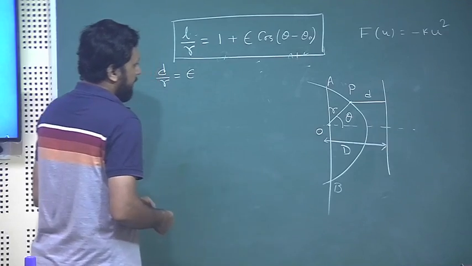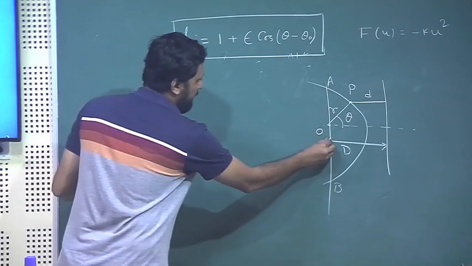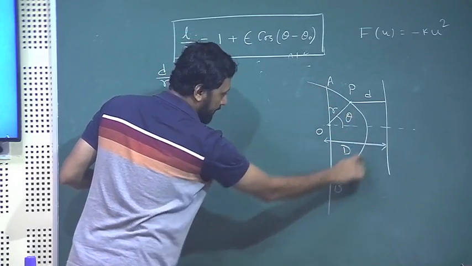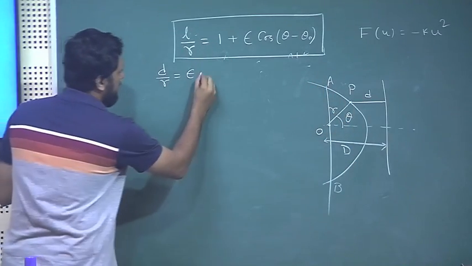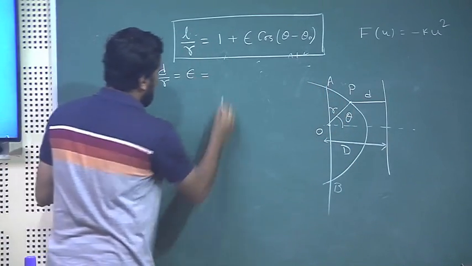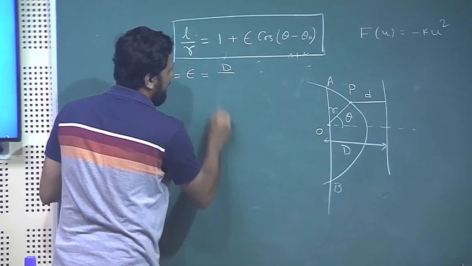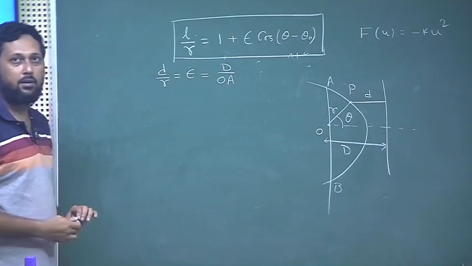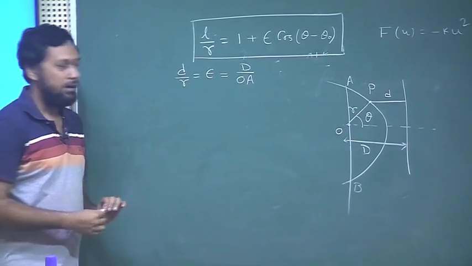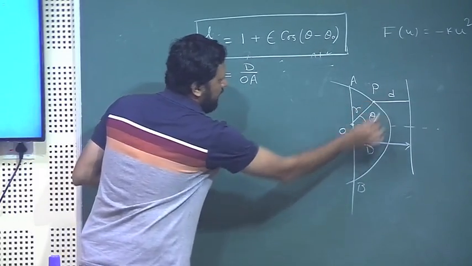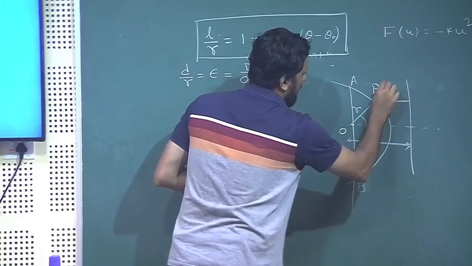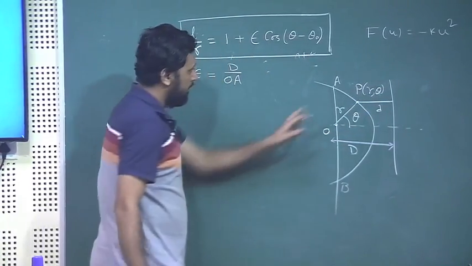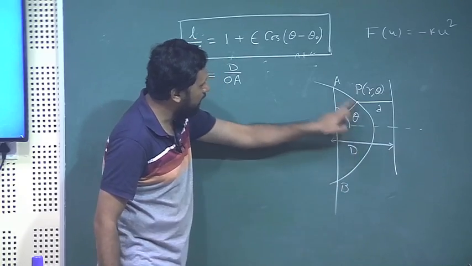Now, if this ratio is fixed for all points on this particular curve, then this will be the ratio of d by OA as well. Is it clear? See, this point P, which has a coordinate of r theta, can move along this curve.